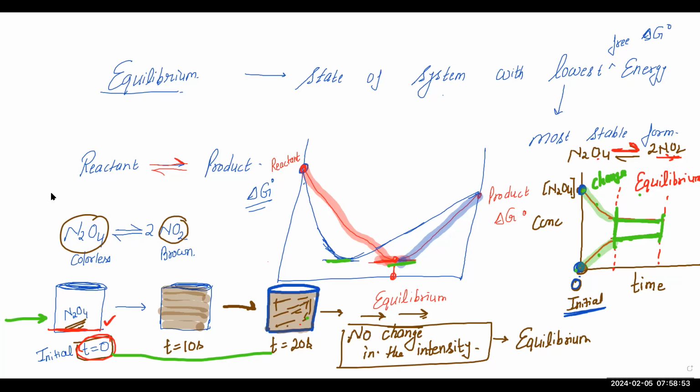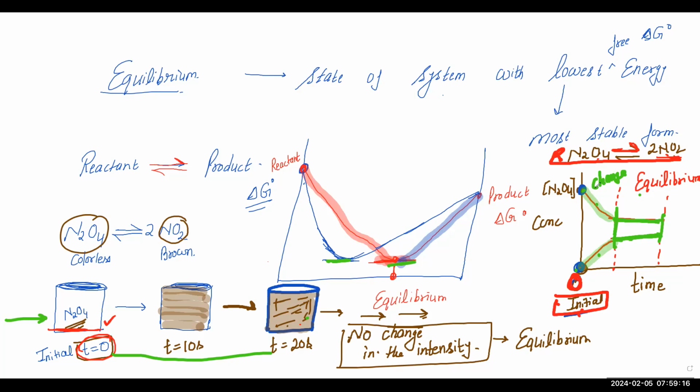So whatever reaction is there, that reaction will undergo three different parts. First, initial. You have to focus on the initial concentrations, what you added, how much you have added. That is called initial, when the time is 0.